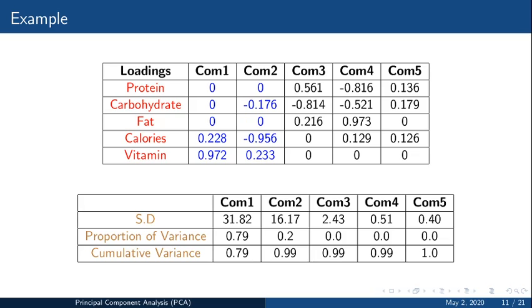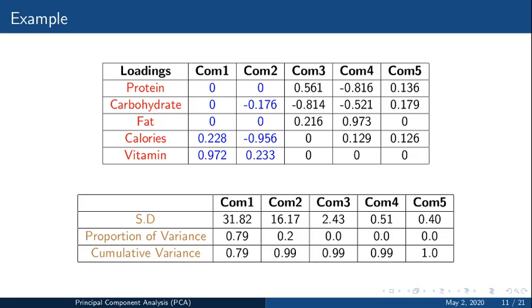Then you get this matrix. In the second table you see the component 1 has a variability of 31.82, component 2 has a variability of 16.17, component 3 2.43, component 4 0.51 and component 5 0.4.